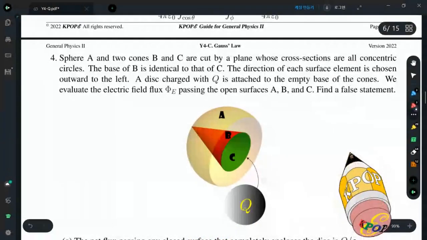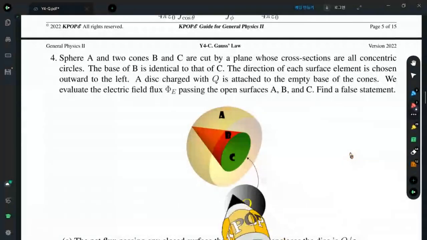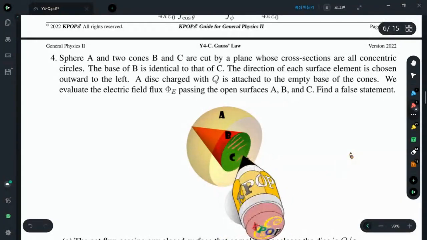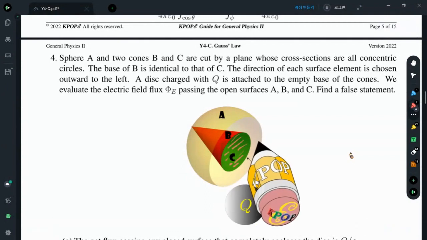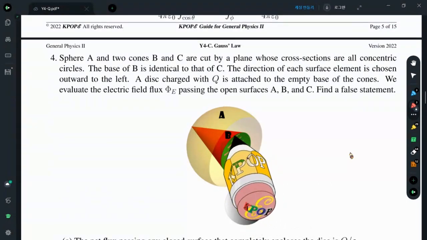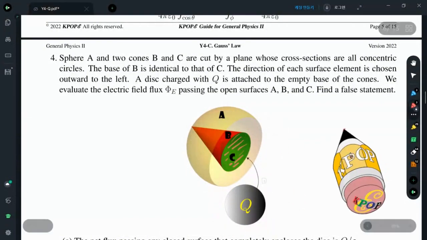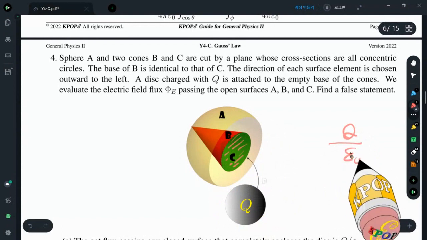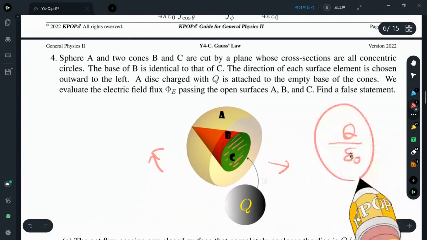Next, we have a charge Q distributed over a disk, and this disk fits this surface. What is the electric flux passing A, B, and C? Because we have a common boundary, everything has the contribution Q over epsilon 0, but on the left side and right side, the sum is this.